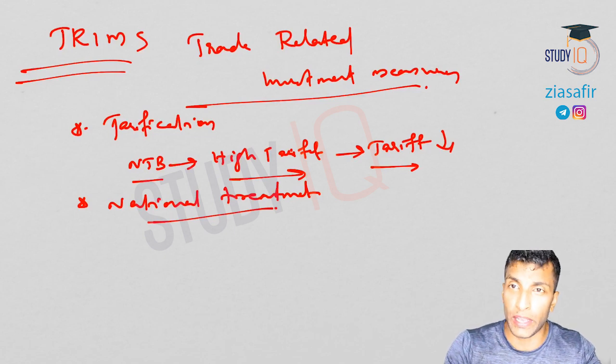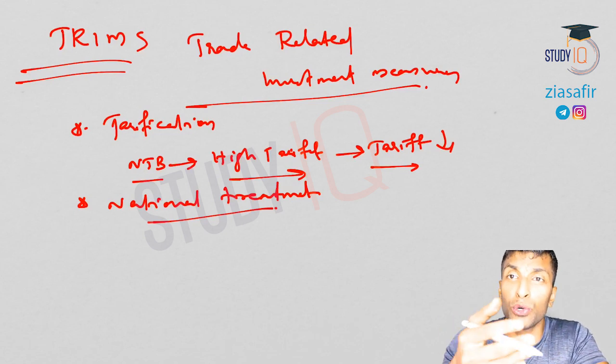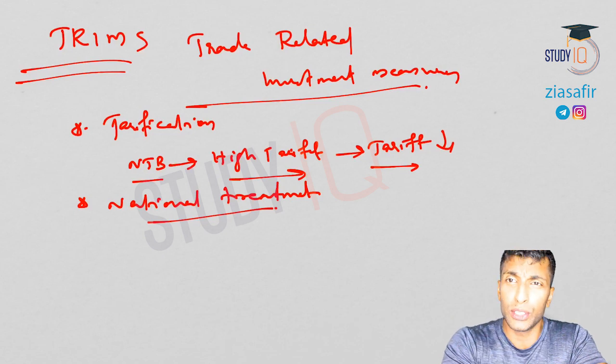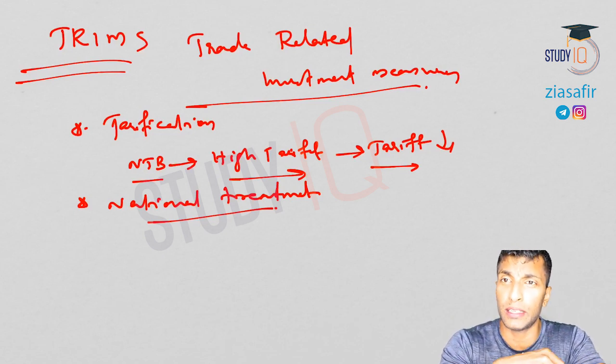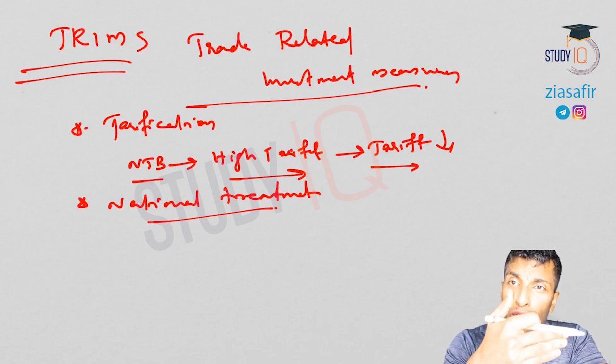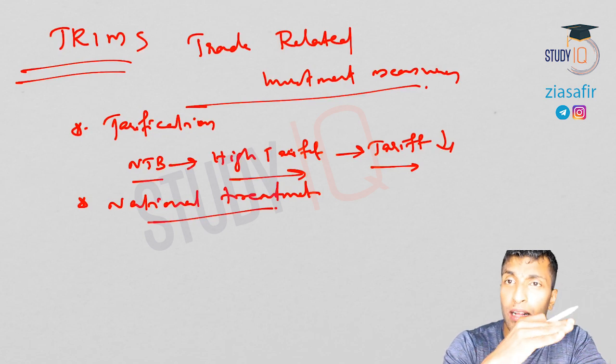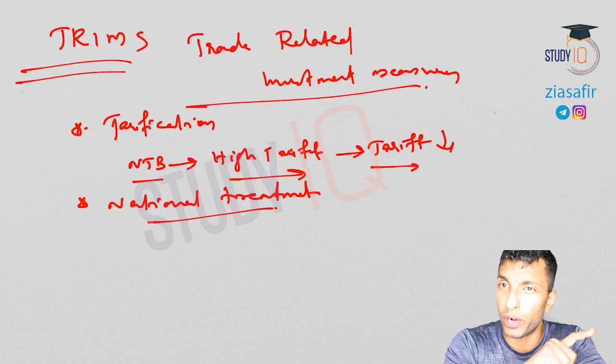For example, in terms of export obligation, and in terms of domestic content requirement, meaning use of local inputs. For some foreign companies there will be restrictions like you cannot import too much, because importing affects our balance of payments. The dollar is going out, so we don't want too many imports. I've already covered this when we discussed special economic zones in detail.